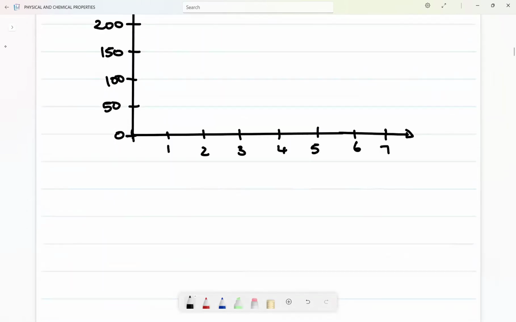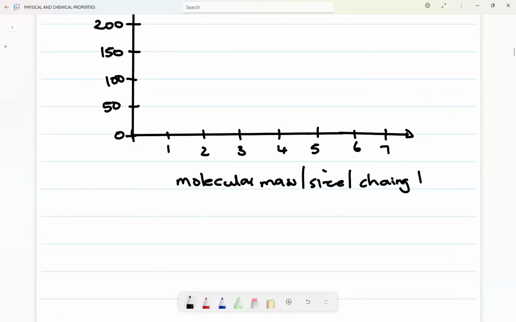What do I mean by that? Let's say now this is the molecular mass. Okay, I can say this is molecular mass, or I can say this is size, or I can say this is chain length, depending on whatever.